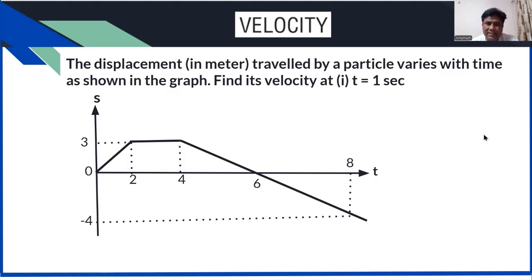Find the velocity at t equal to 1 second. But remember, this time if velocity is positive, you should better write positive plus. If it is negative, you should write negative. If you don't write positive also, it is okay, but if it is negative, you must put negative because velocity is a vector. But in the previous case, speed can never be negative, okay?